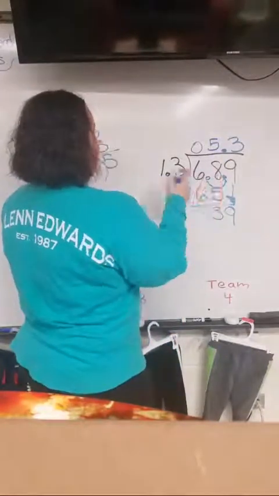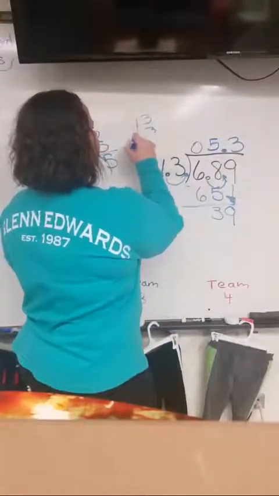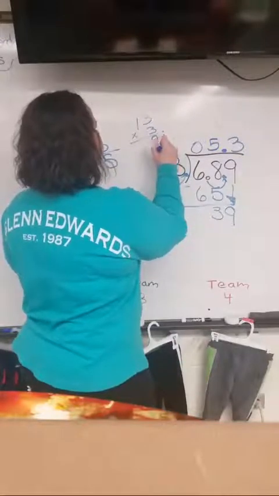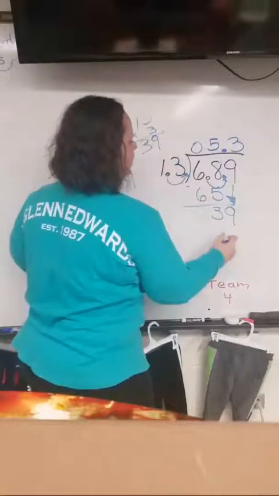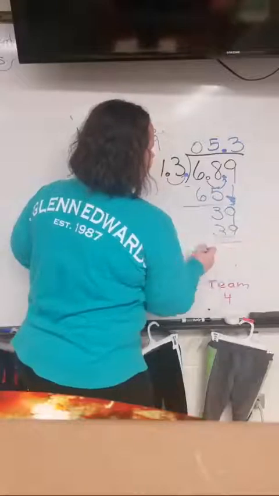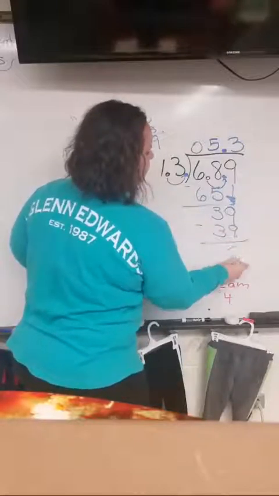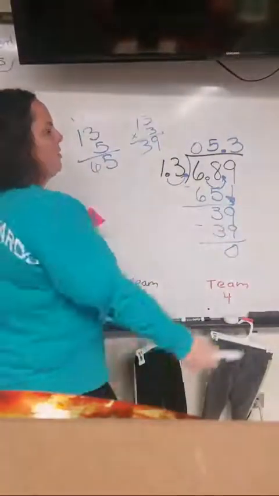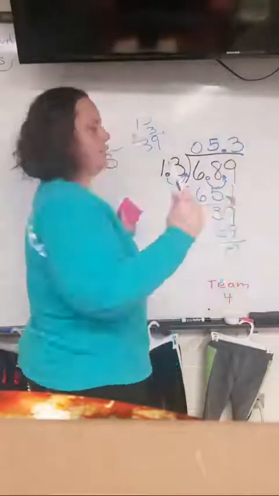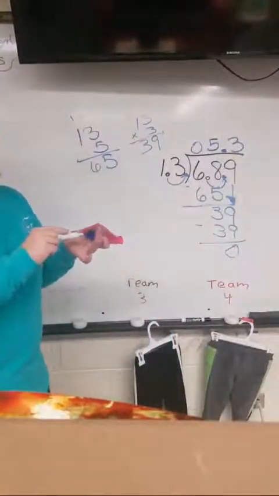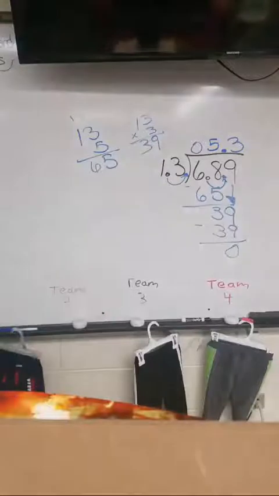Okay, and 13 times 3 is 9, and 30, it is 39. And I'm going to subtract, and it's 0. So my answer to this one is 5 3/10. So we slid, and raised the roof.